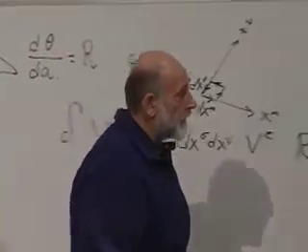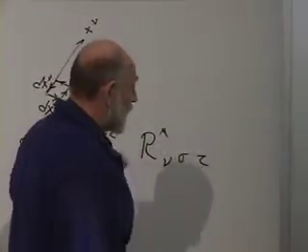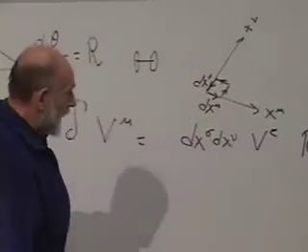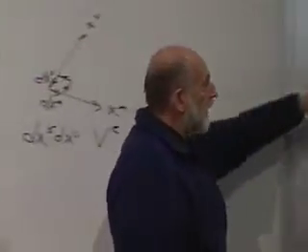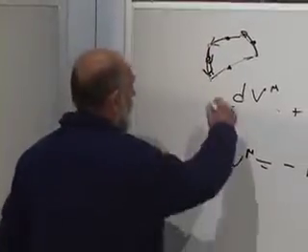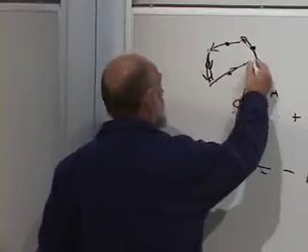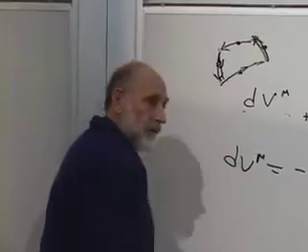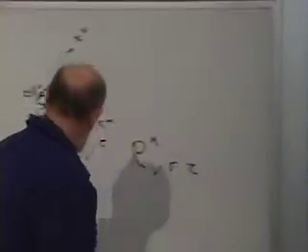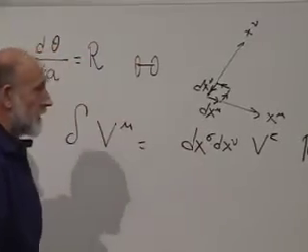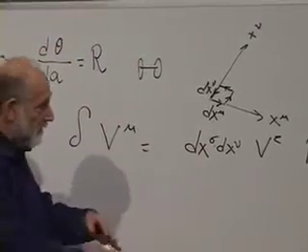Here's the formula. I haven't told you what R is yet. But you can see that in order to get something, you'll have to have a shift along one axis and a shift along the other axis. So it has to have a dx times another dx. That's clear. You have to enclose a little area.